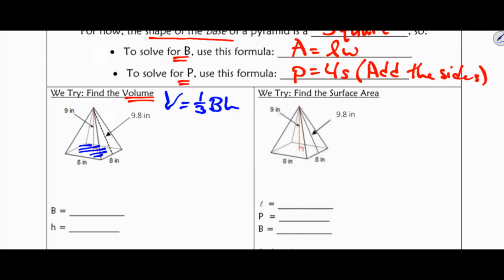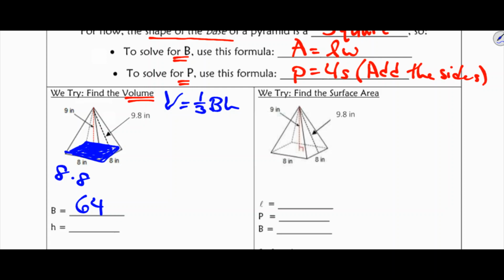What's the area of that square on the bottom? Yeah, it's just 64. It's really just 8 times 8. Anyone not seeing where that 64 is coming from? Area of the bottom, the area of the square is just length times width, which is 64.